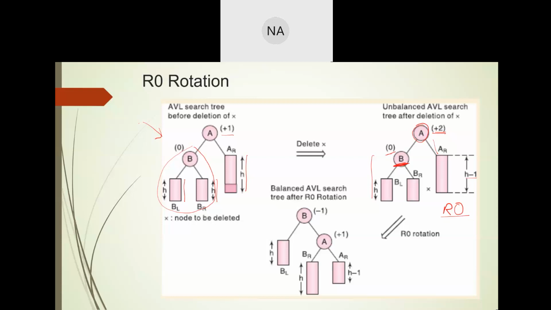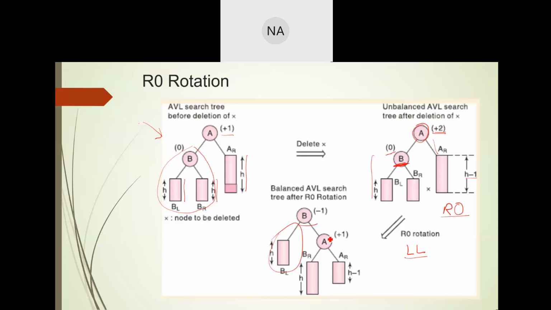The R0 notation is exactly the same as LL rotation, which is used for insertion. So the number of steps in the R0 rotation is exactly the same as the left rotation for insertion. Node B here is made the root node along with its left subtree.